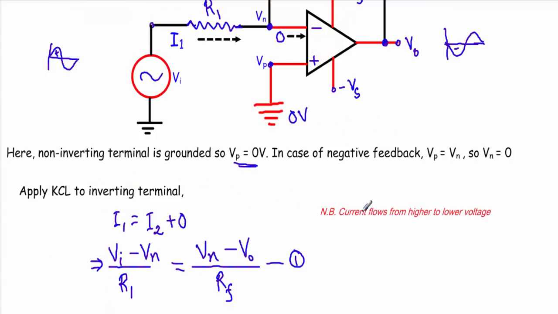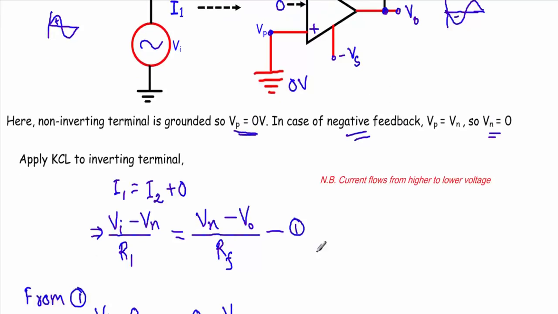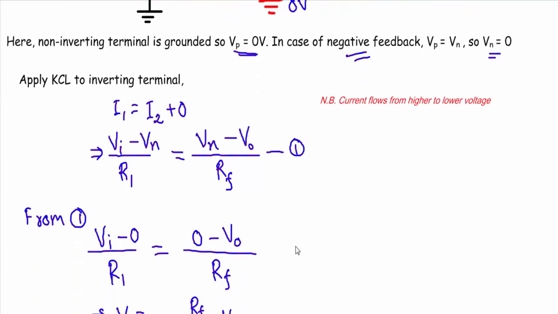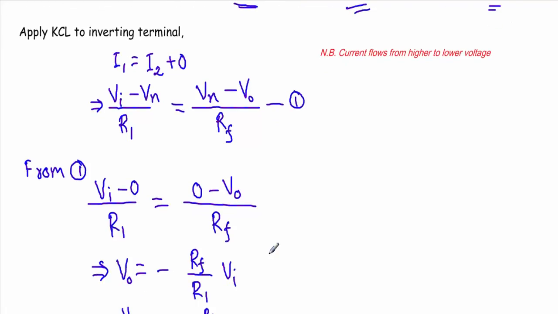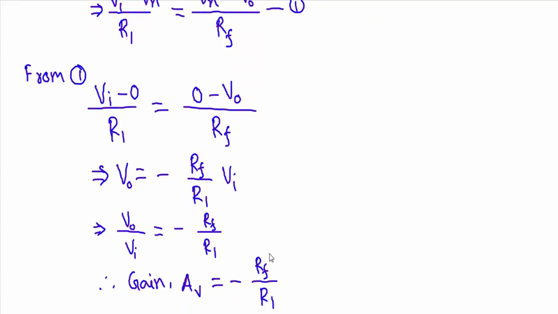Now Vn equals 0, as Vp equals 0 and the circuit is in negative feedback. So I can write Vi minus 0 divided by R1 equal to 0 minus Vo divided by Rf, and after rearranging this equation I will get Vo equal to minus Rf divided by R1 times Vi.